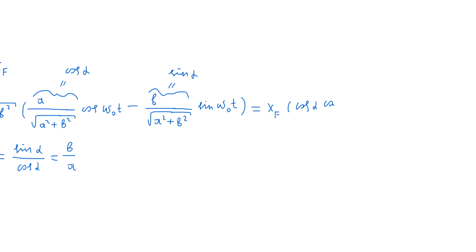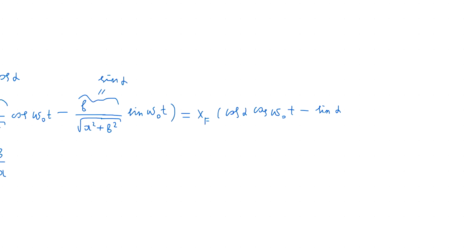Cosine omega 0 t minus sine alpha sine omega 0 t.